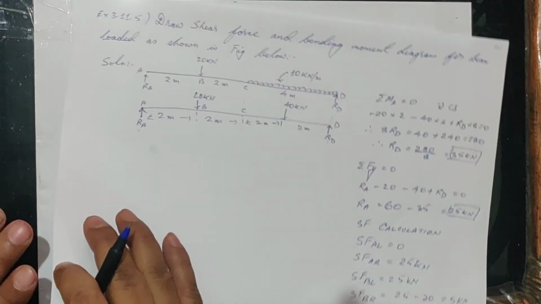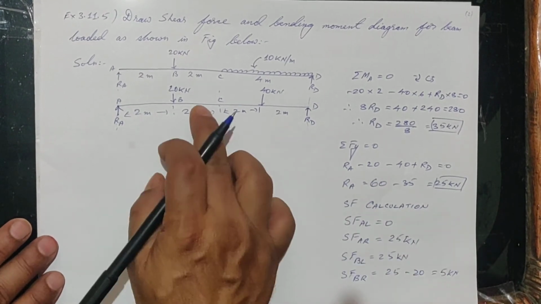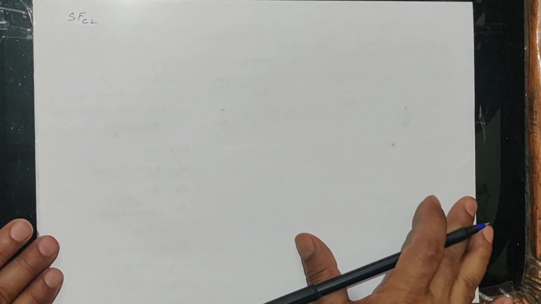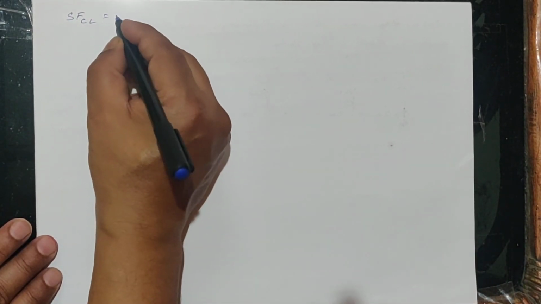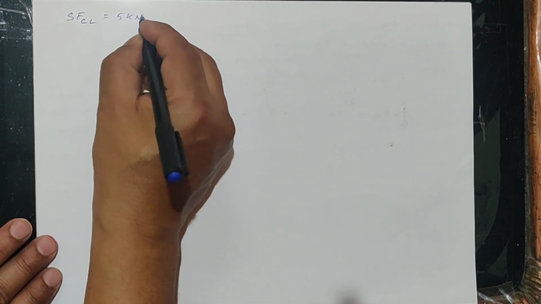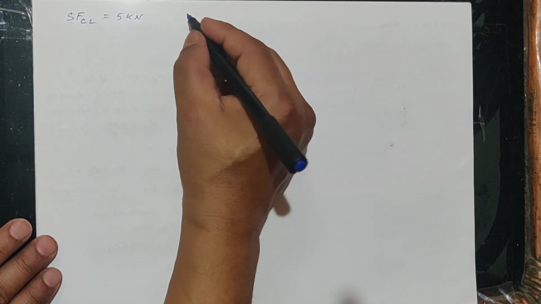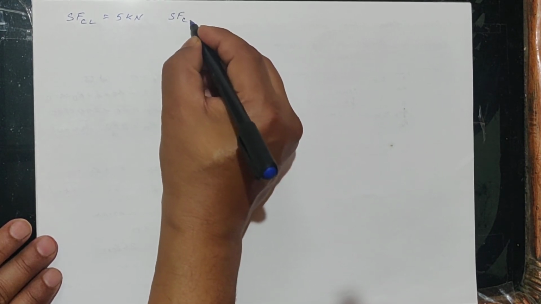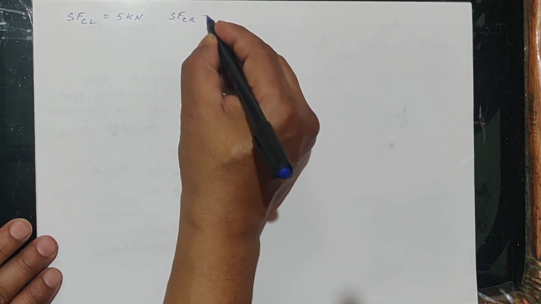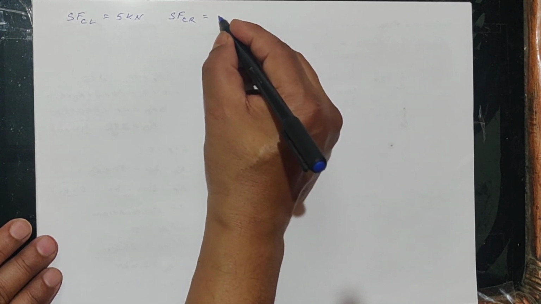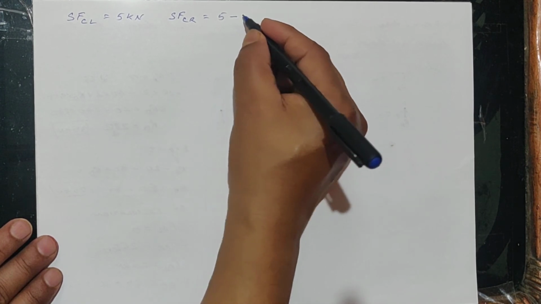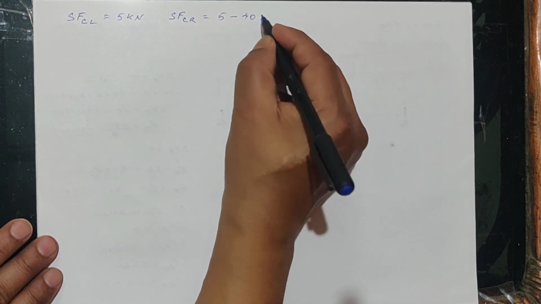Till C, this force is continuing, so we will have 5 kilonewton only. Then SF at C, right hand side. Right hand side, what we have is 5 minus 40.